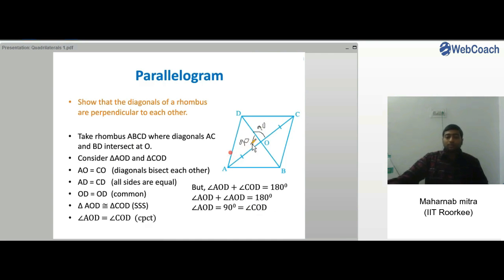And similarly, as angle AOB and angle AOD are lying on the same straight line, this angle must also be 90 degrees, and also this angle will be 90 degrees. So you can see all these angles are 90 degrees, or you can say that diagonals are actually perpendicular to each other, right?